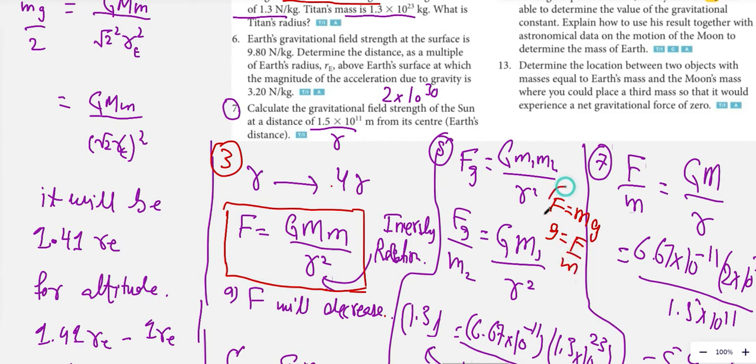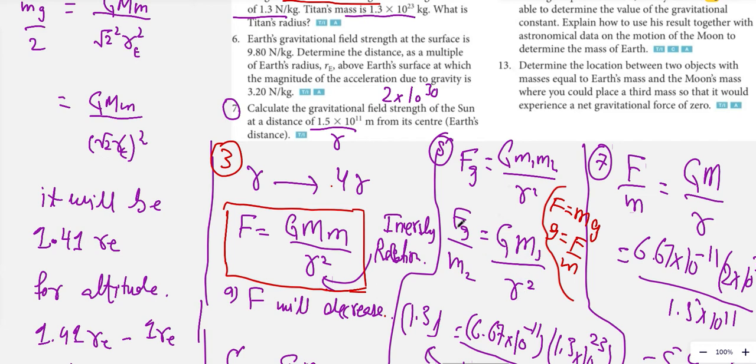So for doing this, we will bring one mass, which is unit mass, toward the left side. So it will become Fg divided by m2 is equal to G m over r square.